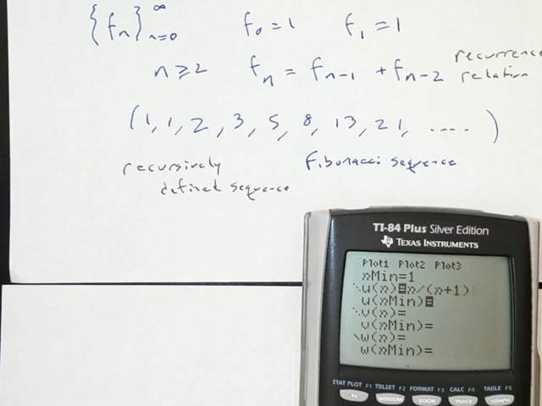We know what this sequence starts with. Now, when I did the sequence in our notes, where did I start it? What n value was the first value in that sequence? It was 0, which means I should go up here and change that n minimum to be 0.